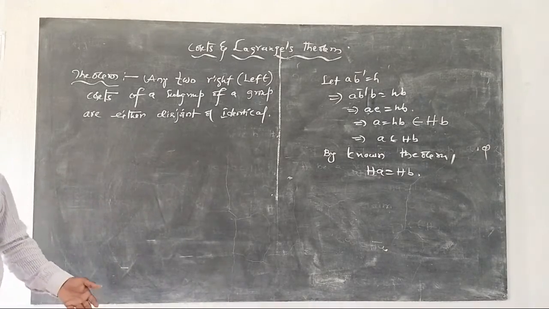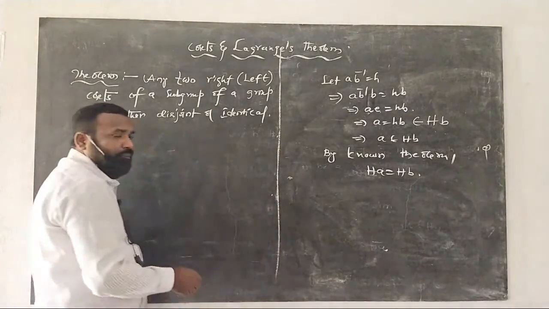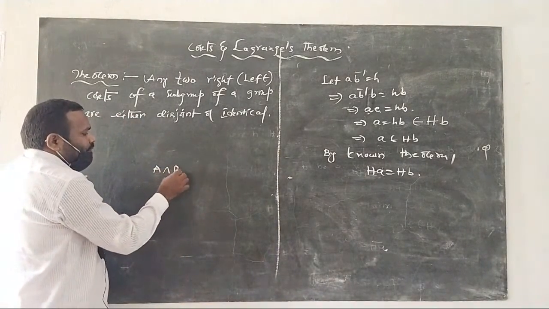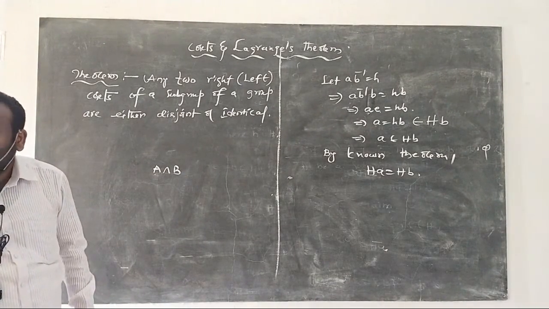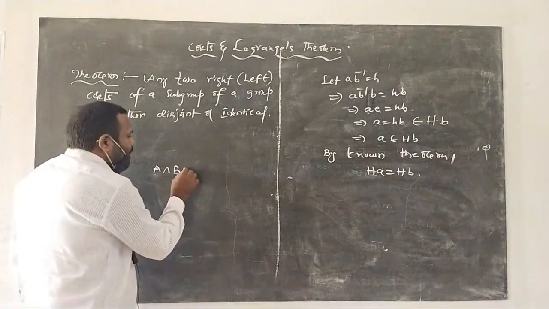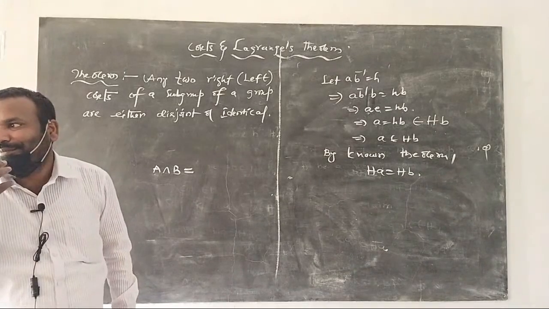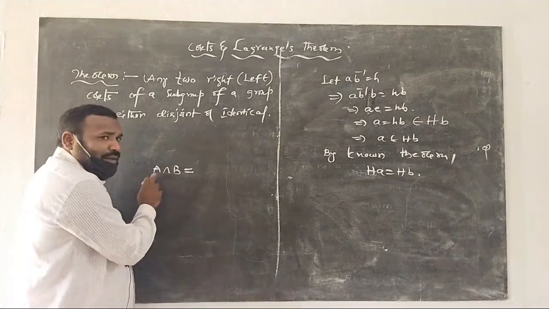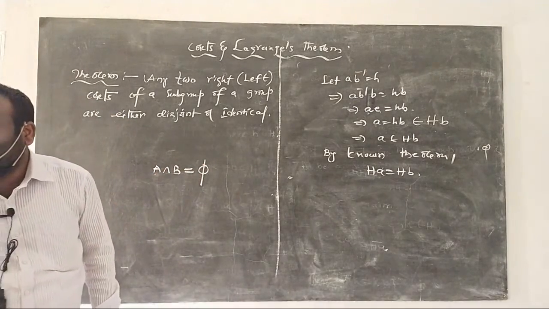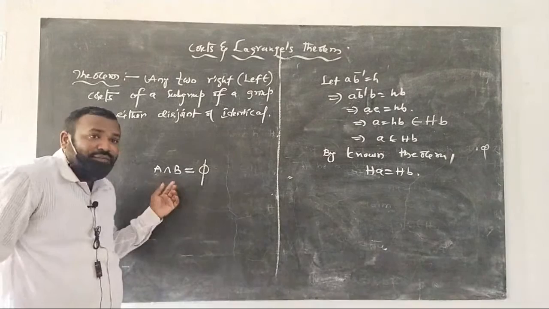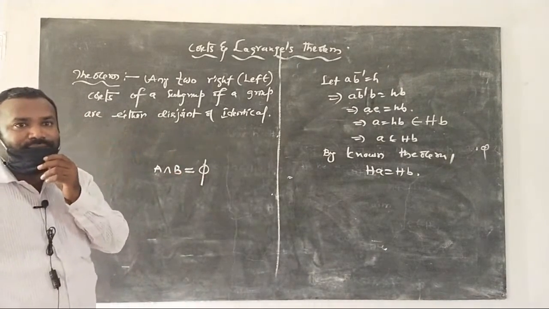Disjoint means that if you take any two sets A and B, they are called disjoint if there is no element in common to A and B. That is, their intersection is empty. So if the intersection of two sets is the empty set, then A and B are called disjoint sets.